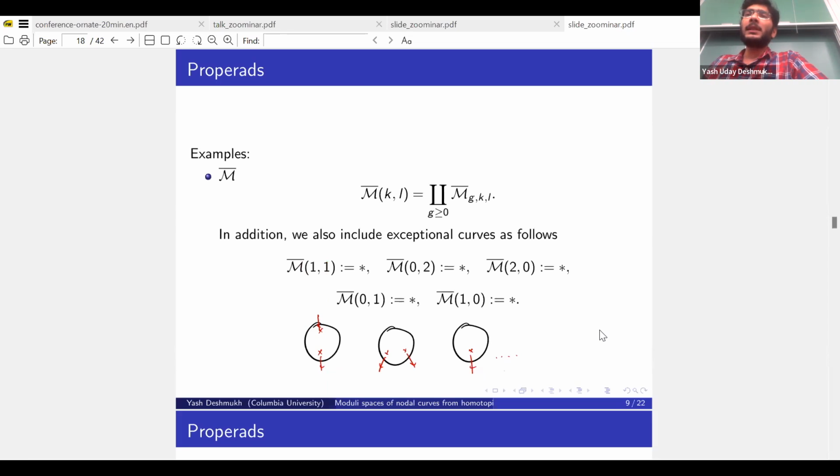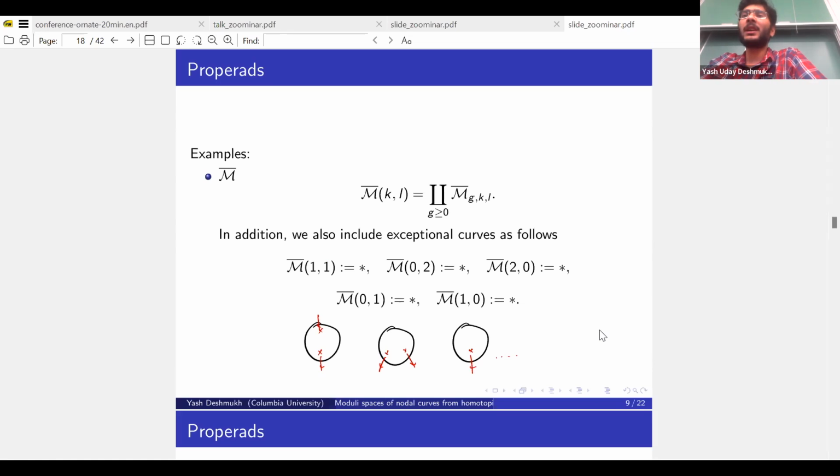Okay, so this is some technical part that we need to allow. For whatever I'm going to discuss later, I'm going to allow some exceptional curves inside the Deligne-Mumford moduli spaces. For example, I'm going to allow genus 0 curves with 2 mark points, and I'm going to declare its moduli space to be just a point. This is just for convenience of stating whatever results I want to say.